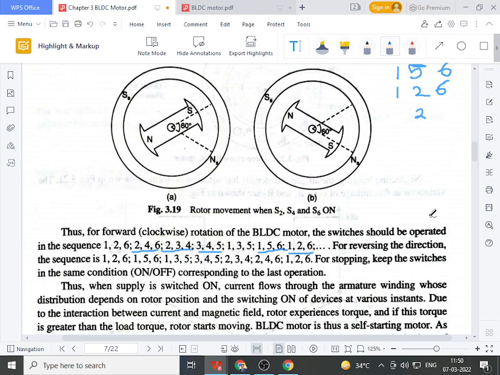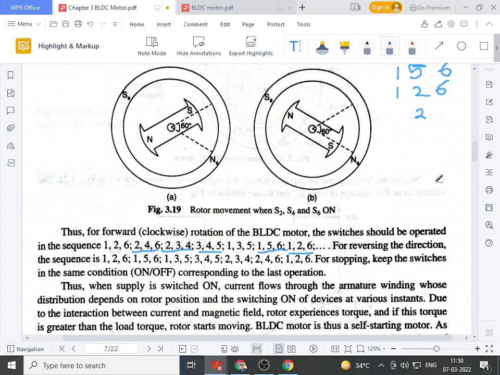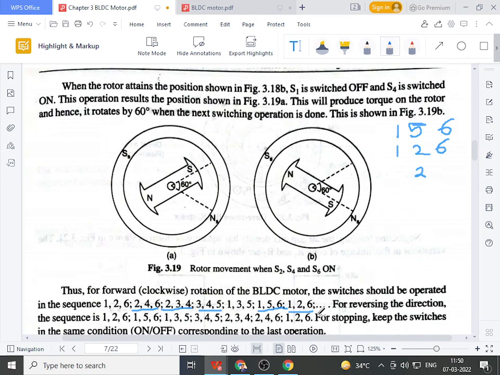So 1, 5, 6, 1, 2, 6, then 2 as it is, 1 we have to turn off, next 4, that is lower leg, so 2, 4 and 6, 6 also as it is. After this, that is 2, 4, 6, we have to turn on 3.